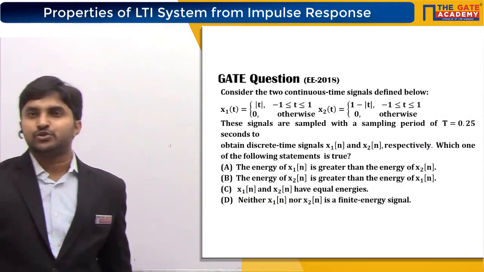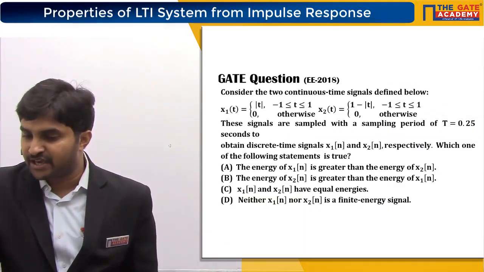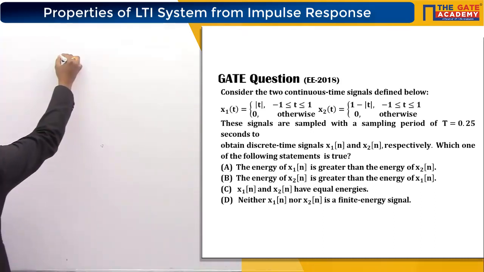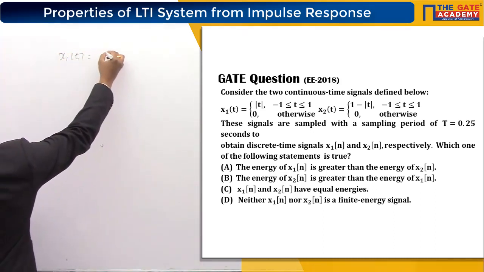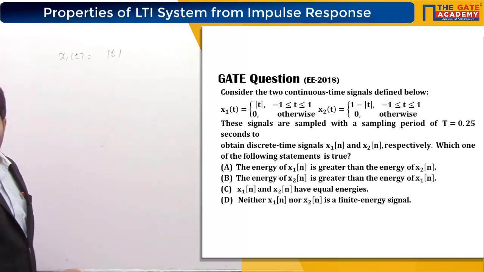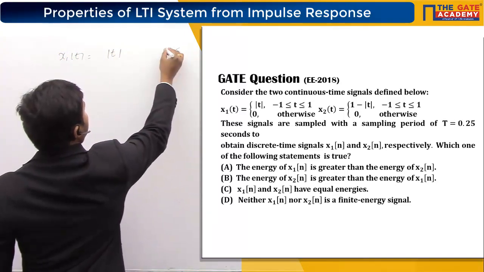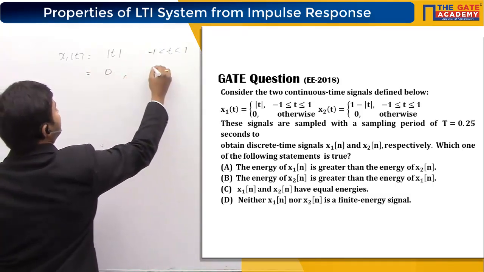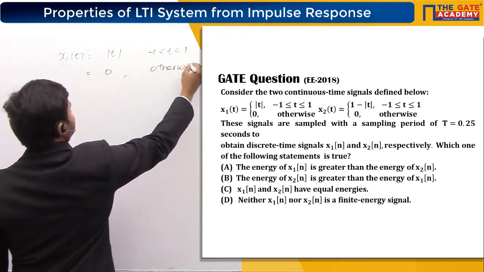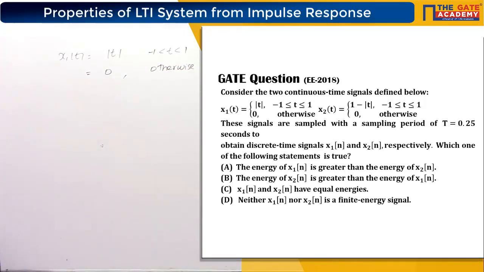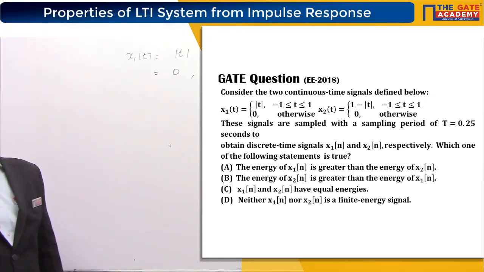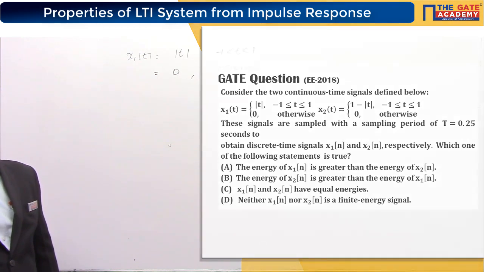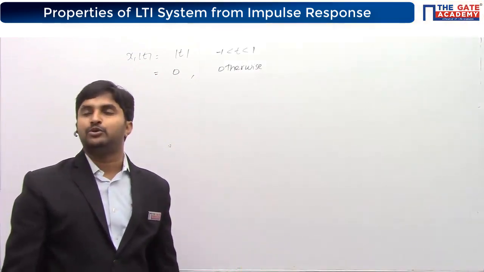So the first homework problem on your secondary screen is x1 of t is equal to mod of t for the value of t between -1 to 1 and it is equal to 0 otherwise. This particular signal is discretized with a sampling period of 0.25 seconds.